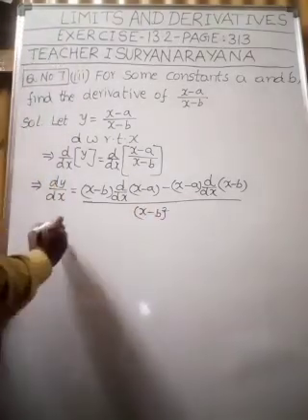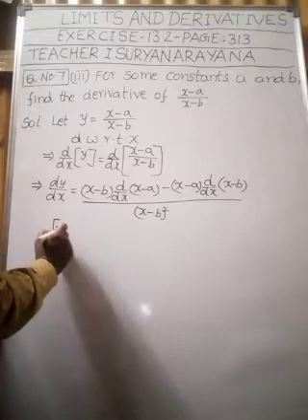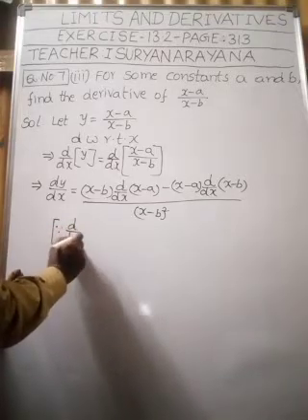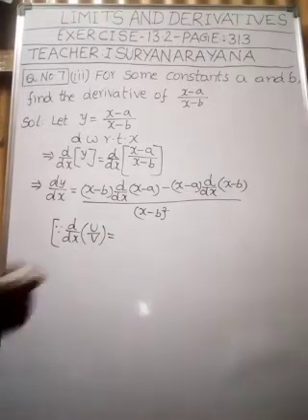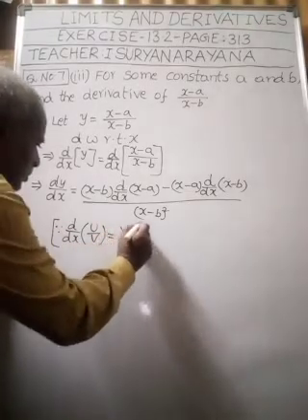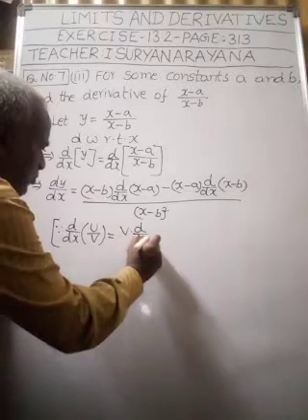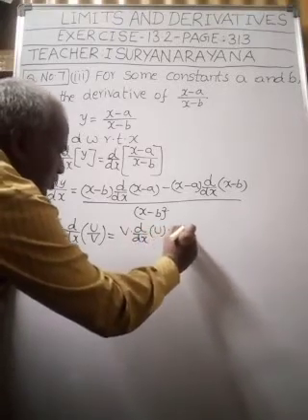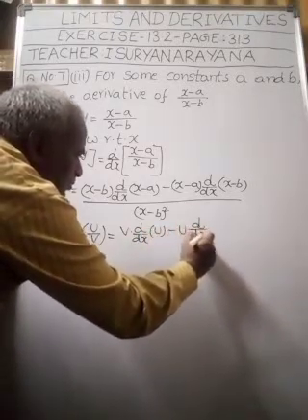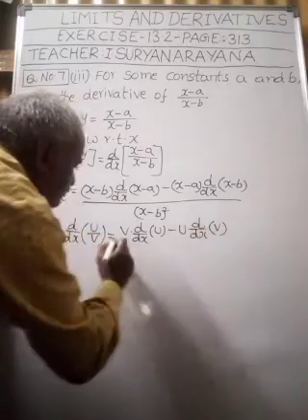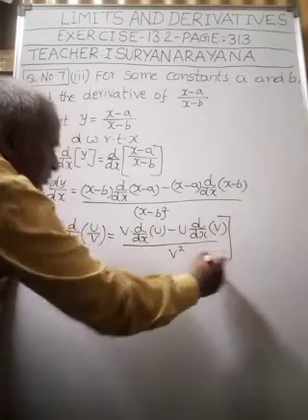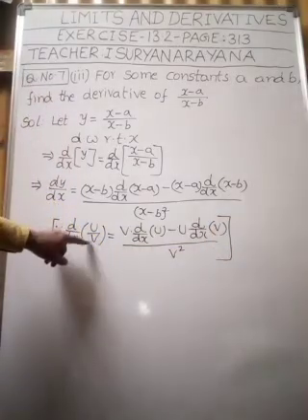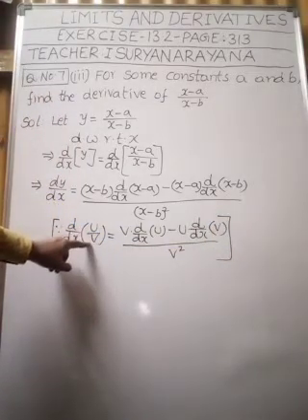Okay, my children, I will write that formula. d by dx of u by v is equal to v into d by dx of u minus u into d by dx of v, whole divided by v square, where u and v are some functions in x.